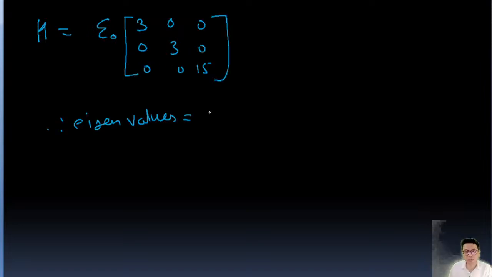This is 3 0 0, 0 3 0, 0 0 5, and the eigenvalues are 3 E naught, 3 E naught, 5 E naught. These are the energies of the Hamiltonian, before perturbation.